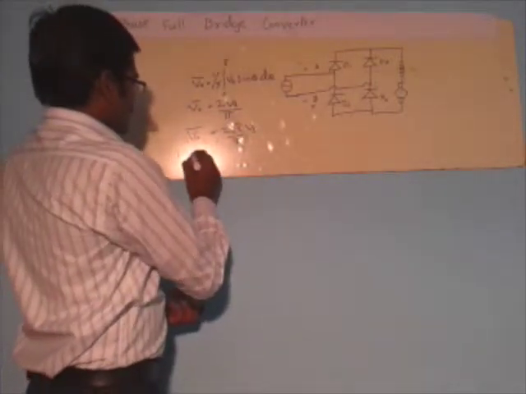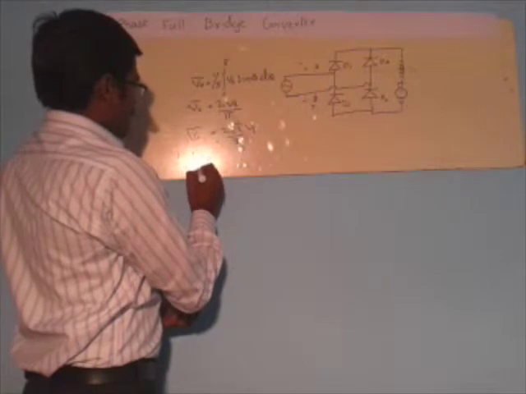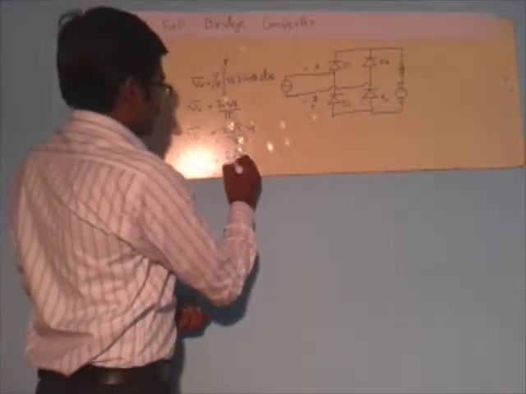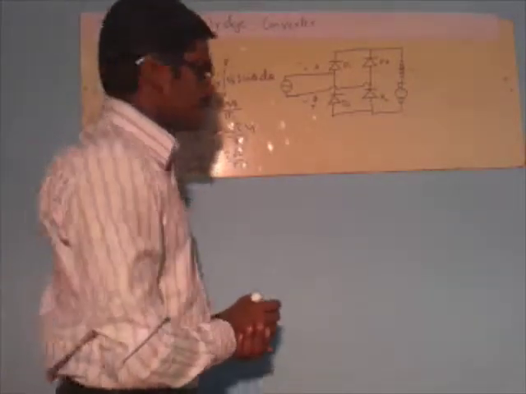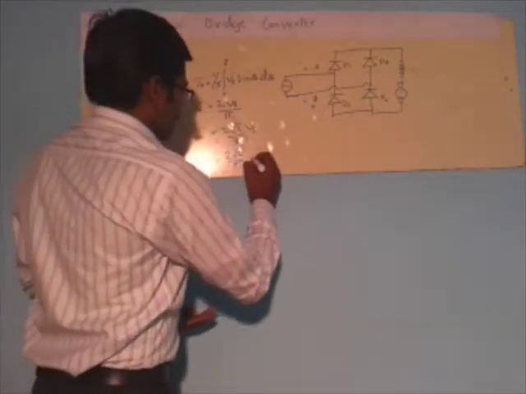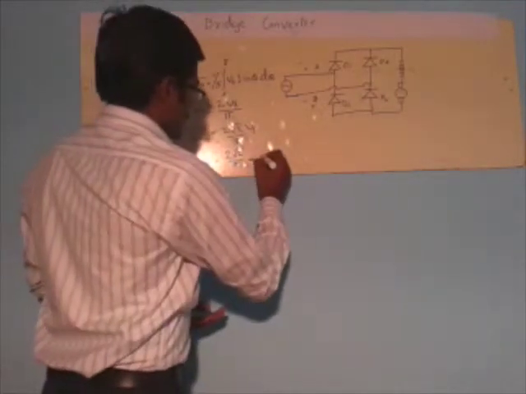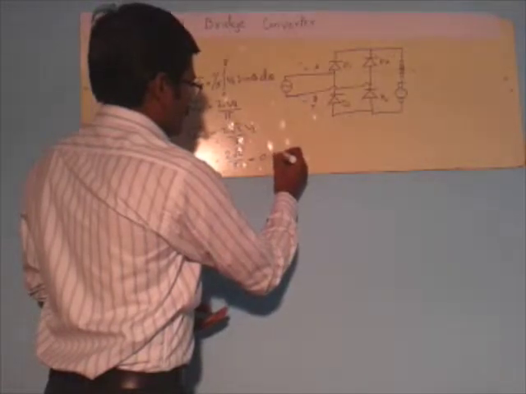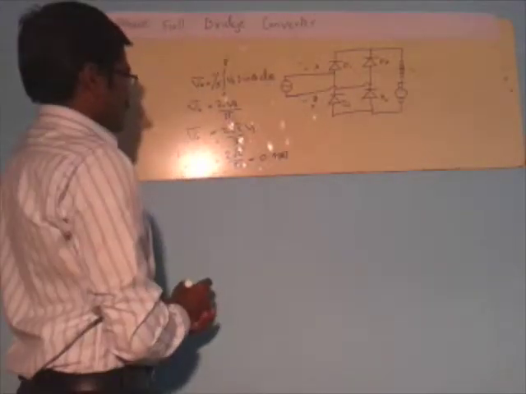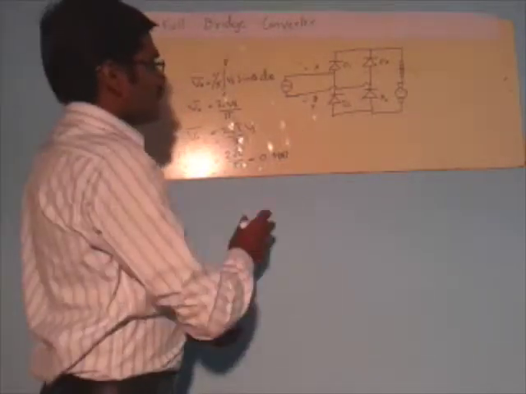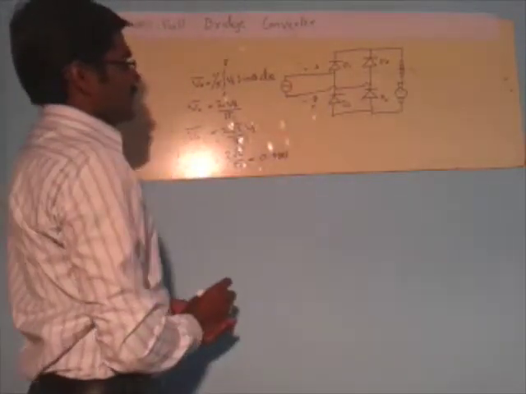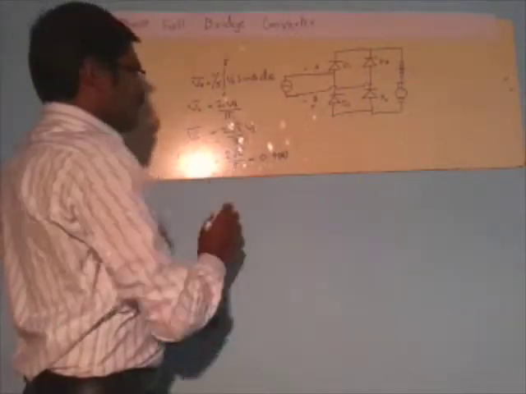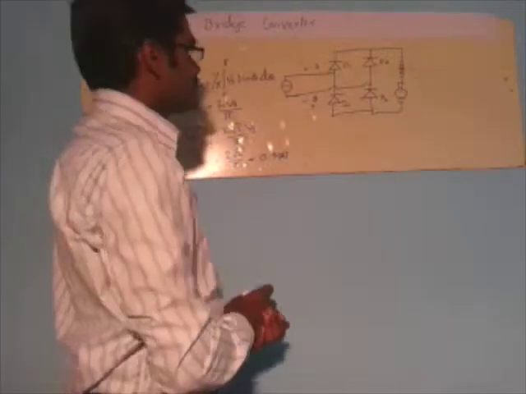Then V0 divided by Vs equals 2 root 2 divided by pi. 2 root 2 divided by pi is a constant, equal to 0.9003. This is a constant for a single phase full wave rectifier. We can say that is the voltage transfer ratio.